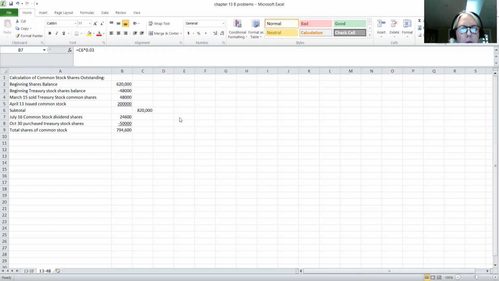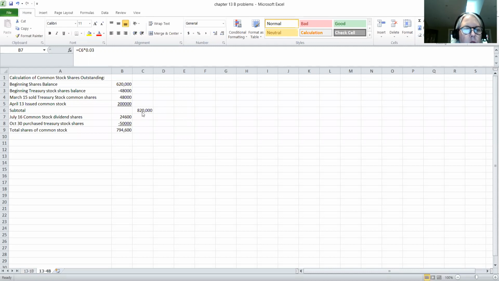So we're referring back to the Excel spreadsheet. You should be able to see that right now. You'll remember that the last transaction that we did on July 16th also involved a dividend. And that dividend amount that we calculated was $24,600.